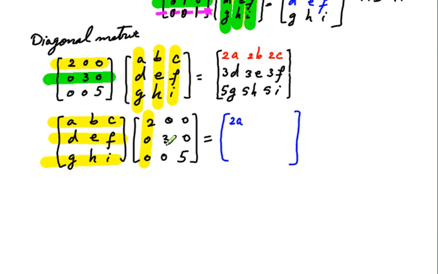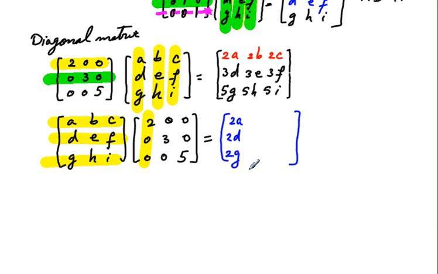Of course you could have done anything, but just to see. DEF times 2, 0, 0 is going to give me what? 2D here. This is the second row, first column. Third row, first column, what am I going to get here? 2G.